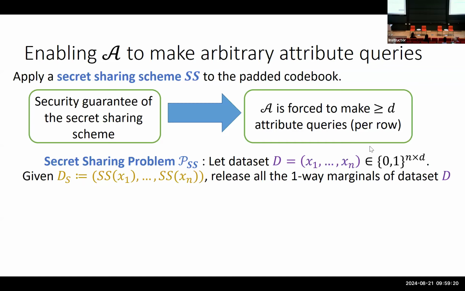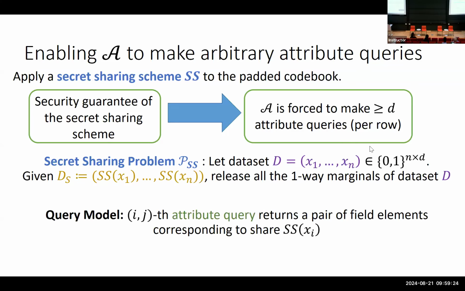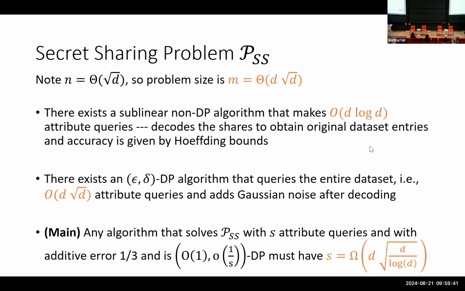And the goal is still to release all the one-way marginals of D. So for an algorithm that's solving this problem, the query model is that the ijth attribute query will return a pair of field elements that corresponds to a secret share of this row. So this is our final actual result. This secret sharing problem is the problem that we show the separation for.